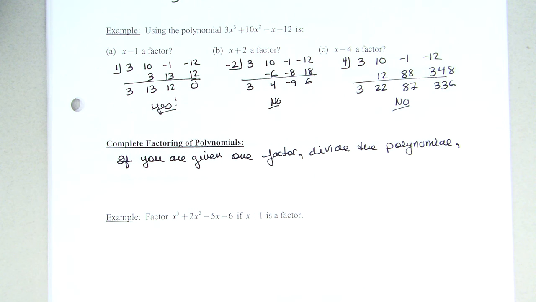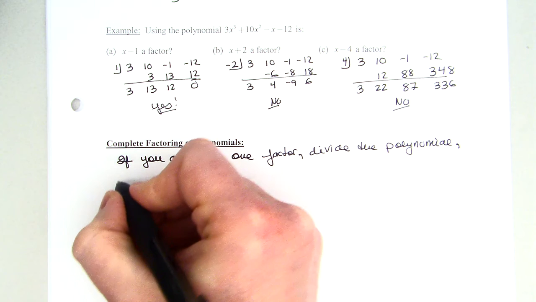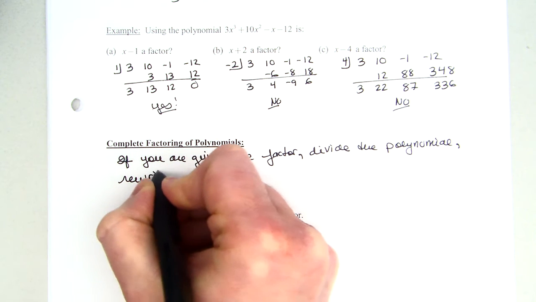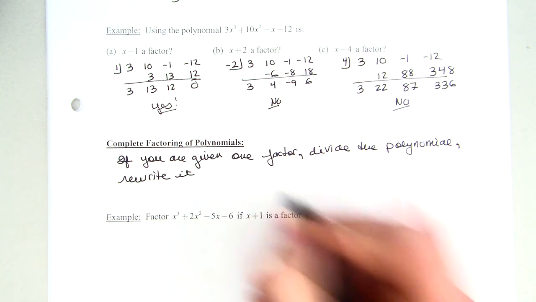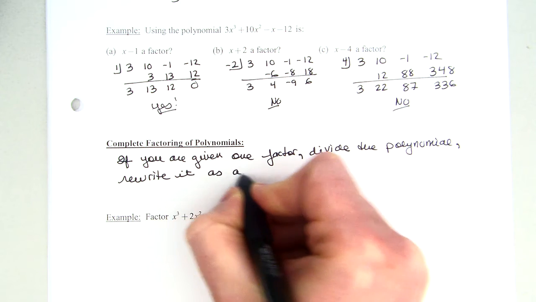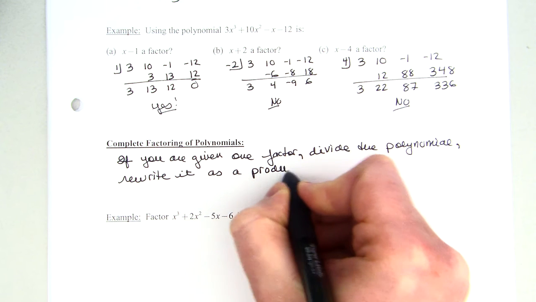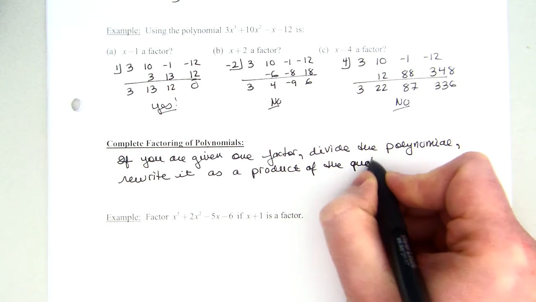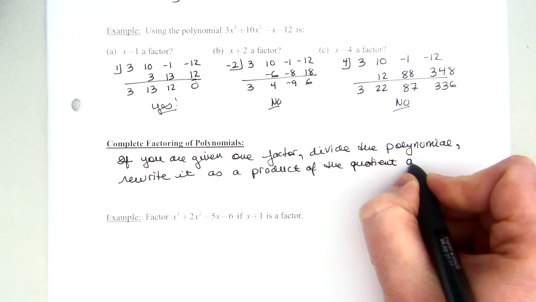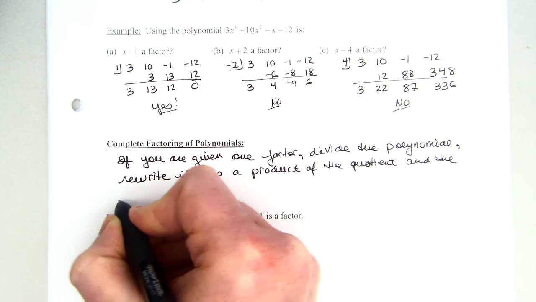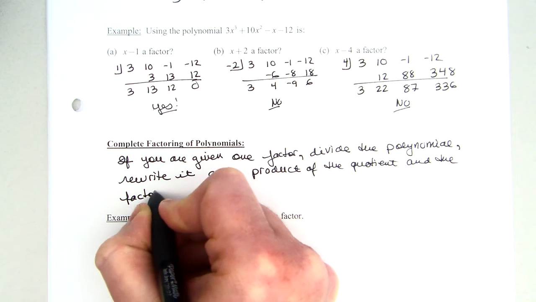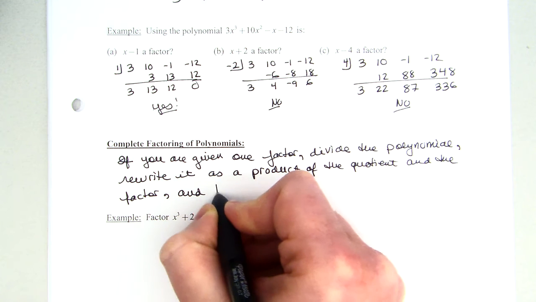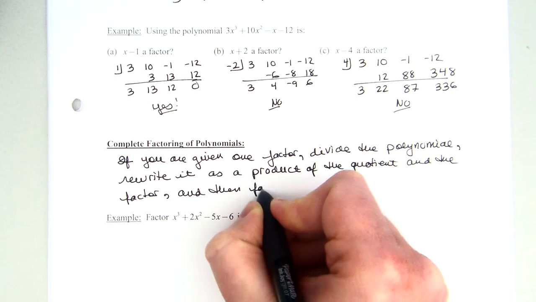And then I want to rewrite the original polynomial as a product of the quotient, the answer we got, and the factor that I told you, and then factor what's left.